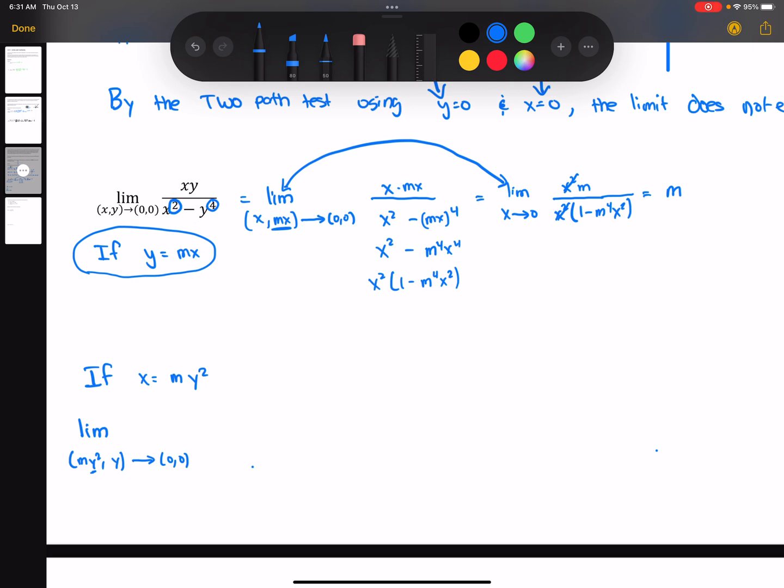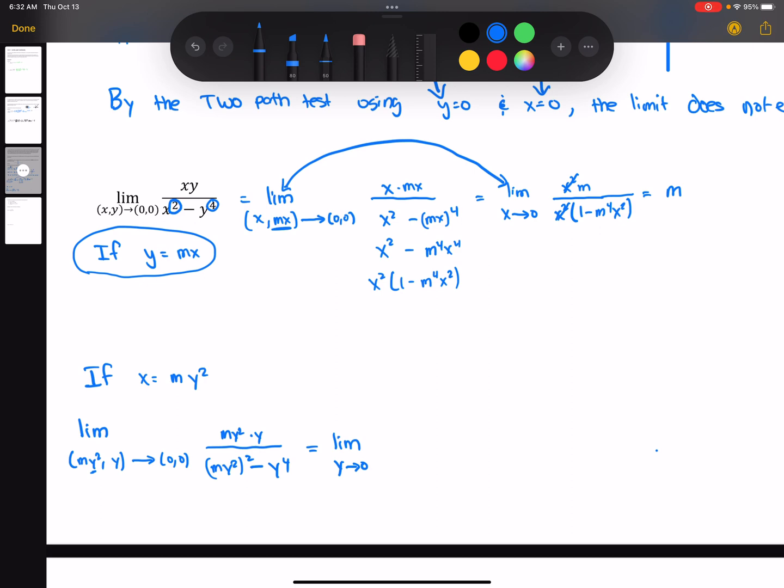So now we replace x with my squared. We're going to have my squared times y divided by my squared minus y to the fourth. And that's going to give us the limit. Now, again, you can just drop the first coordinate because y is going to go to 0 for both.